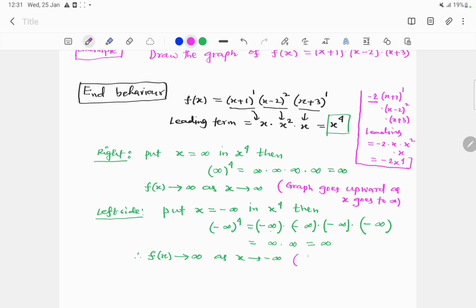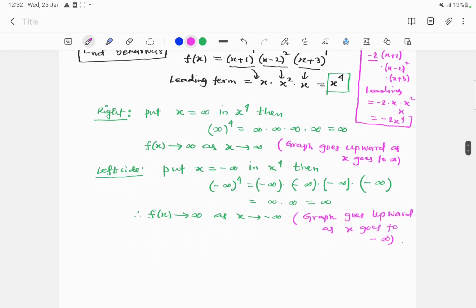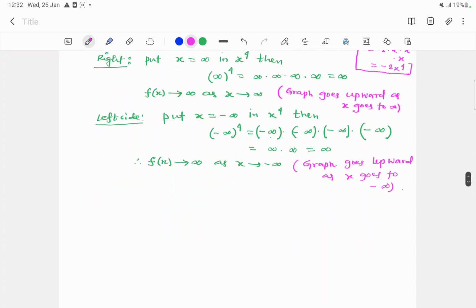Similarly here, people write that the graph goes upward because f(x) goes to infinity as x goes to negative infinity. Sometimes people do it this way, sometimes that way. So what we see here is the end behavior.